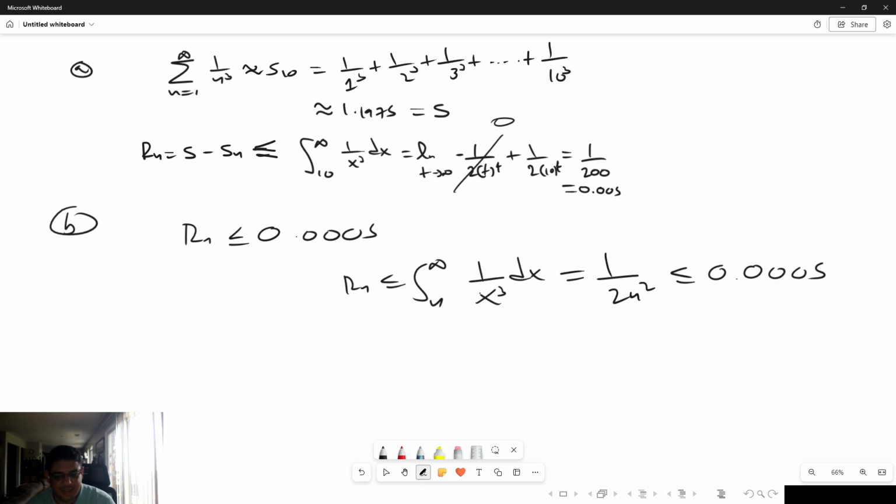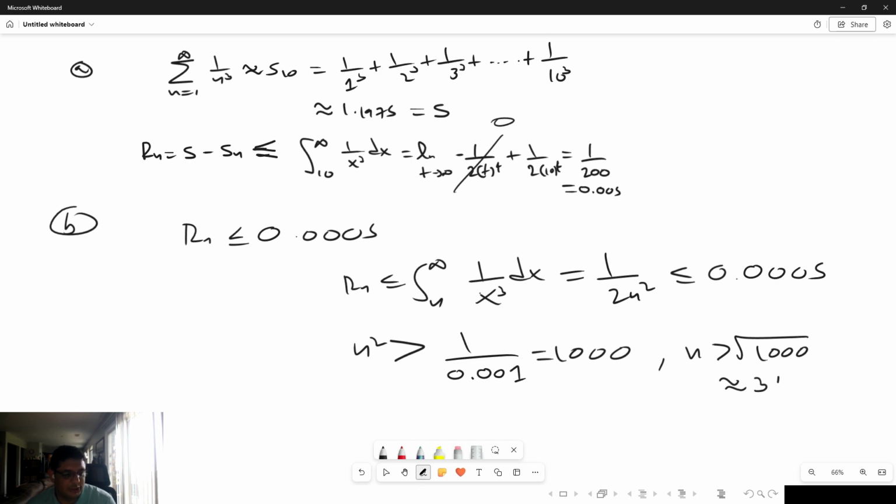That means n squared has to be bigger than 1 over 0.001, or 1,000. So n has to be bigger than the square root of 1,000, which is about 31.6. So we need 32 terms at least to make sure that we have that level of accuracy.